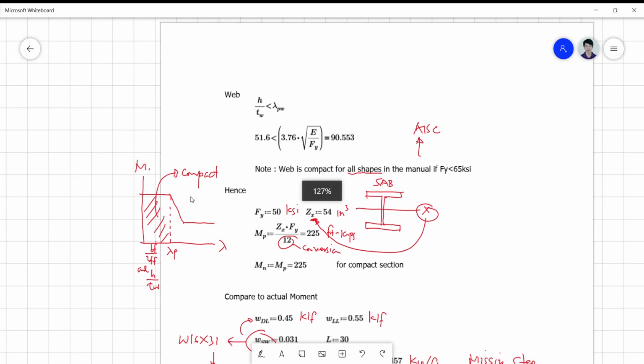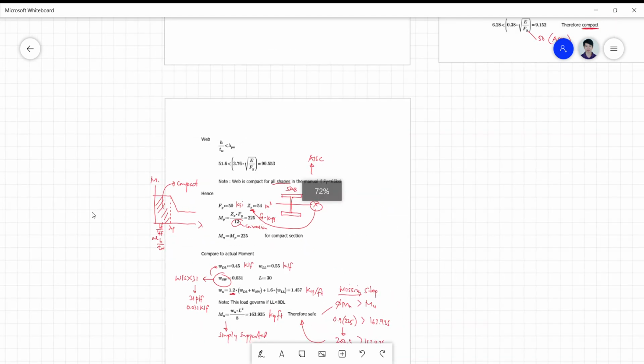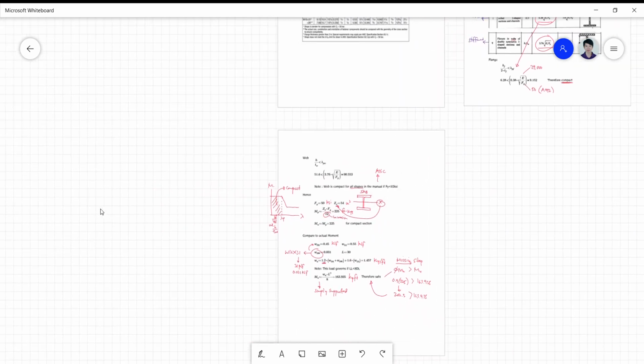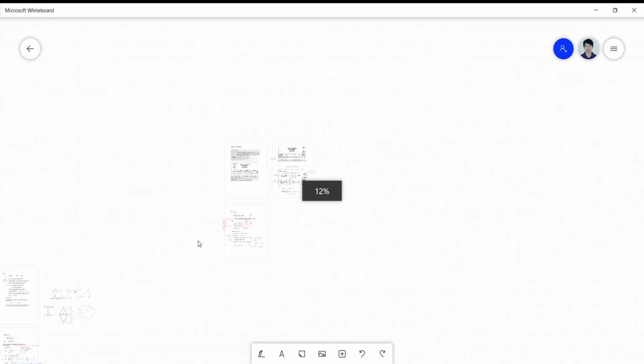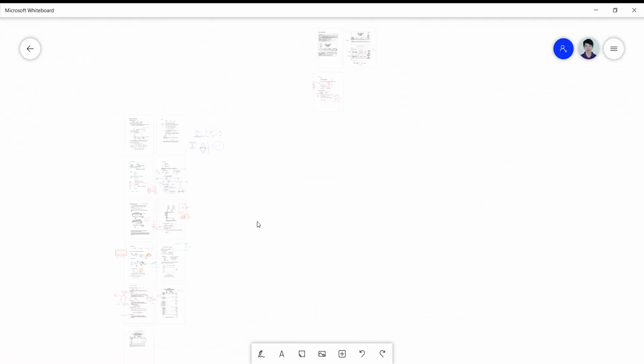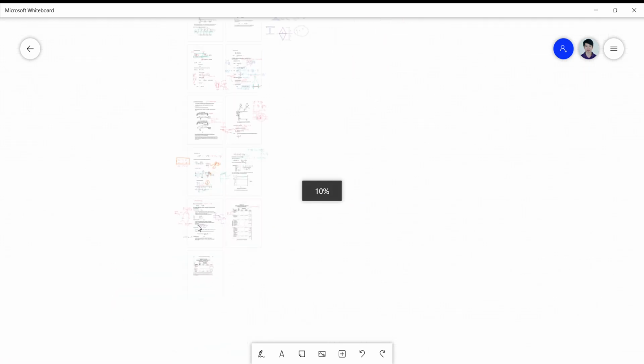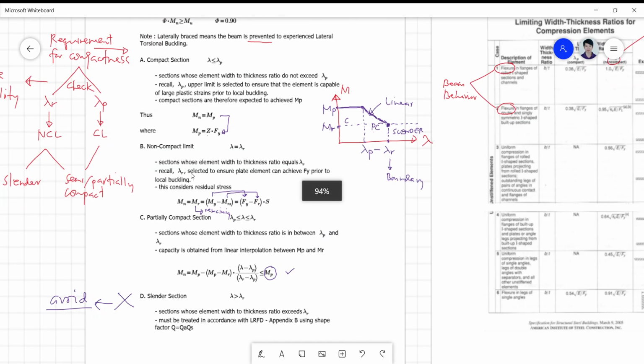So if you will look into now our lecture a while ago, we have to use this formula, compact section, in which Mp is equal to ZFy, to come up with our nominal moment Mn. Okay? So ito lang yung gagamitin natin.